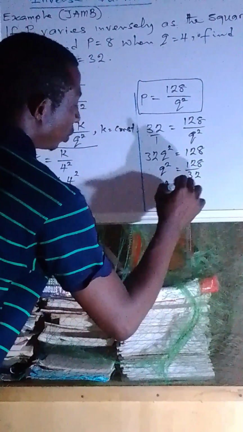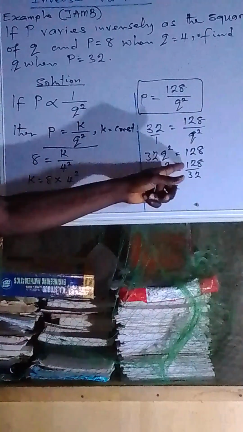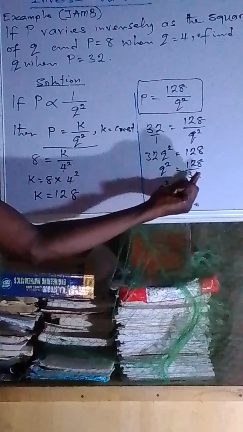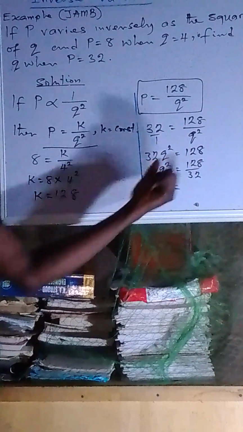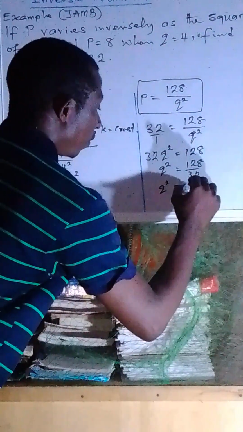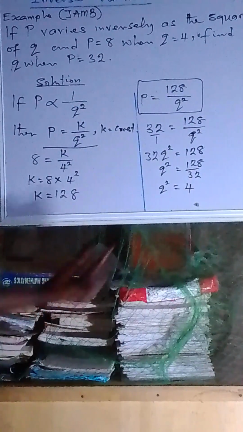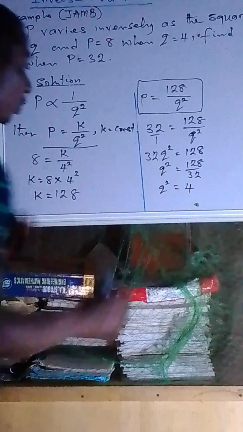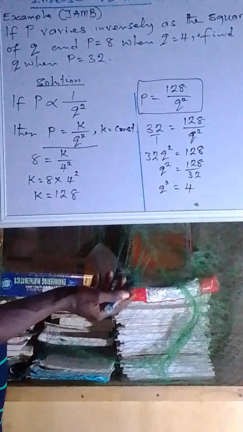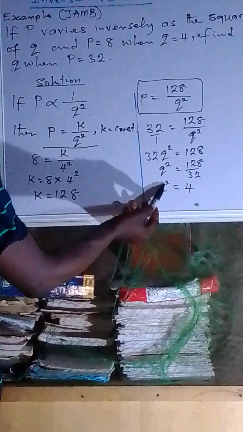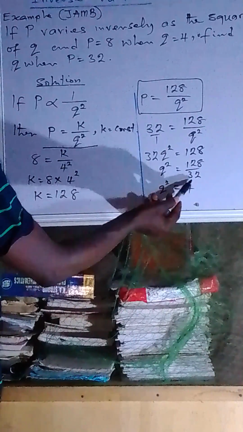Now, the question is, what is 128 divided by 32? How many 32 will I see in 128? That's 4. So from here, you take square root of both sides. When we have a square here, when it comes here, it's just like we are moving this 2 here.